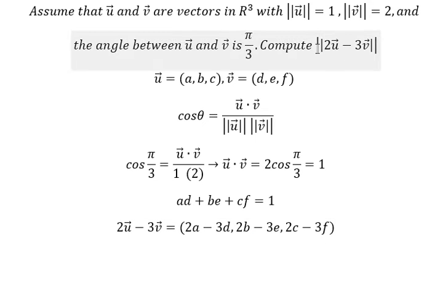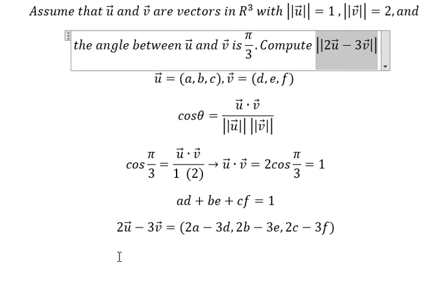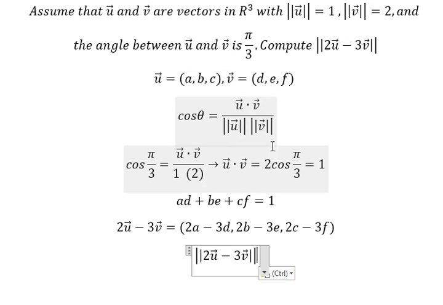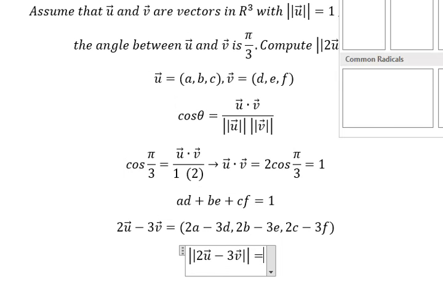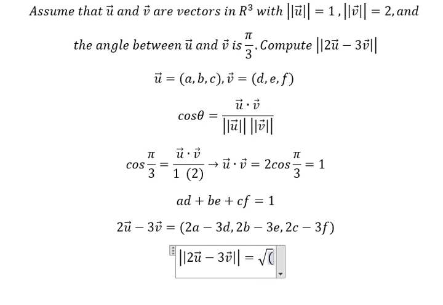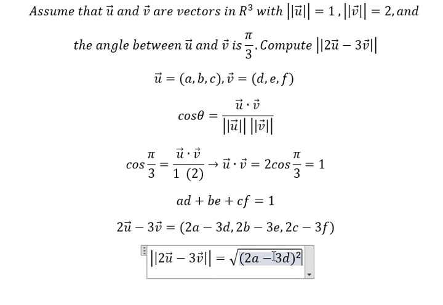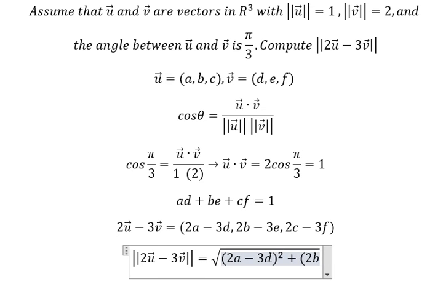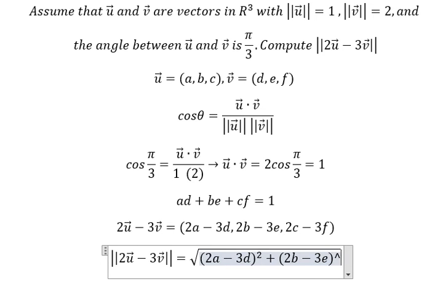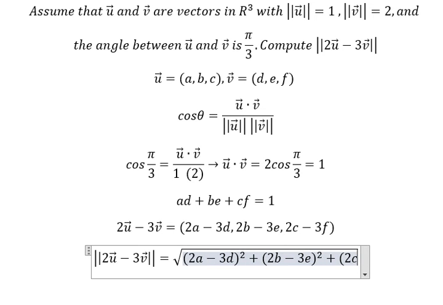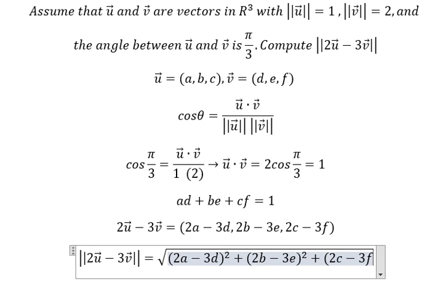If we put this inside, you will have the square root of (2a minus 3d) squared plus (2b minus 3e) squared plus (2c minus 3f) squared.